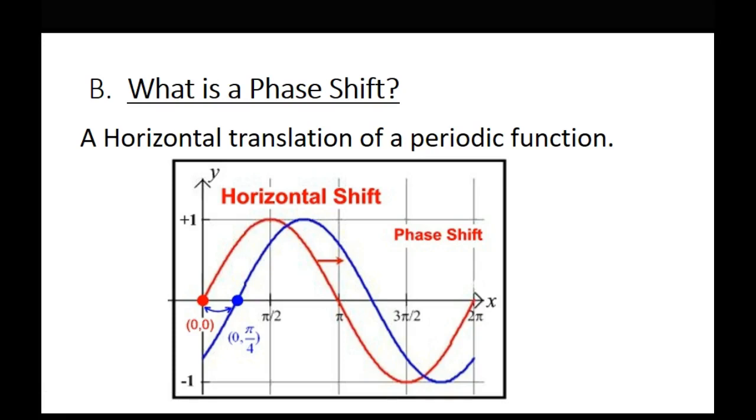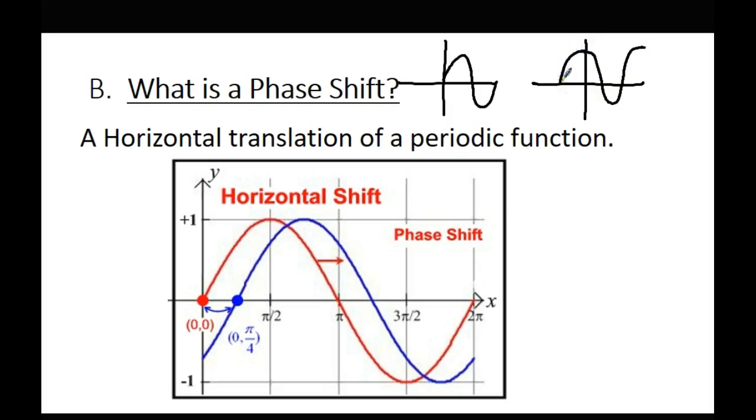Something interesting is, consider a sine wave and a cosine wave. We know they look pretty much the same, right? So here's the deal. If I were to take my cosine and continue it back here, and then if I were to cut some of the cosine off over here, that's still a cosine, right?